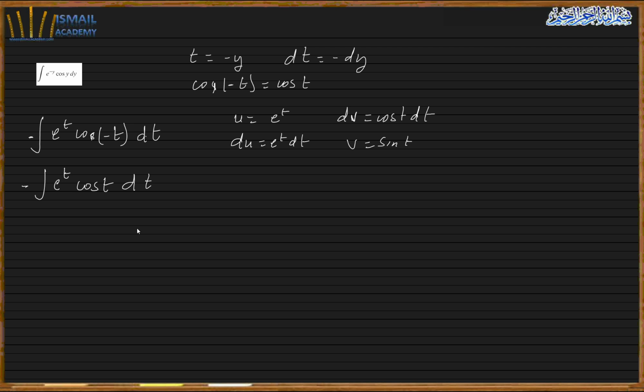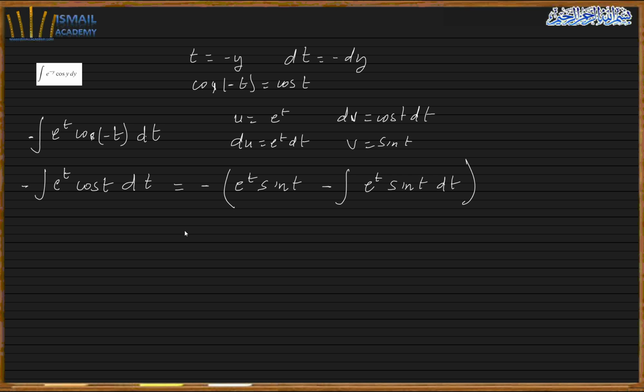Alright, so here this will be equal to minus, and I will have e to the t sine of t minus the integral of v du, which is going to be just e to the t sine of t dt.